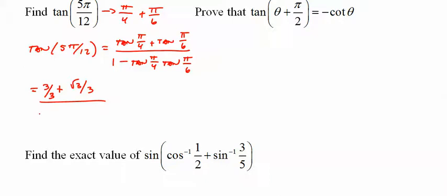Yeah, that's right. 1 minus root 3 over 3. Oh, I'm going to change this one on the fly too. Hopefully you see I can get rid of all these. And this is what stinks about tangent. It feels like you're never really done. We got to multiply by the conjugate.